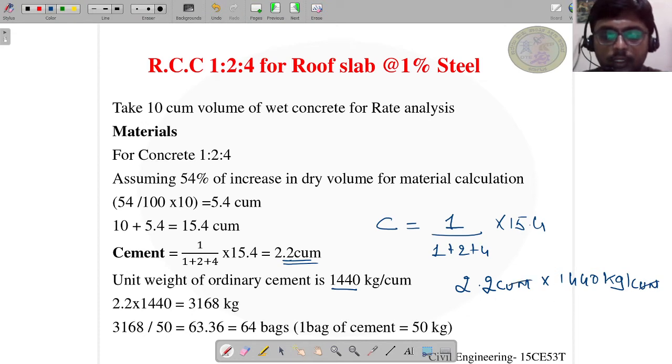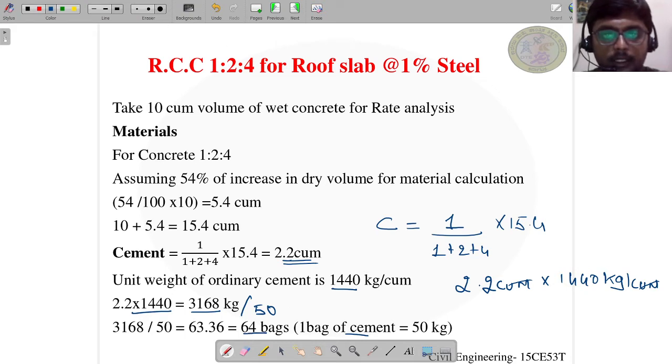So we are left with 2.2 into 1440, which is 3168 kg. But we get cement in bags of 50 kg. So let us divide this total weight by 50 kg, which is one bag of cement. So we get 64 bags approximately.